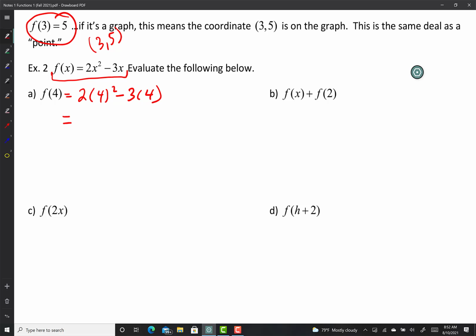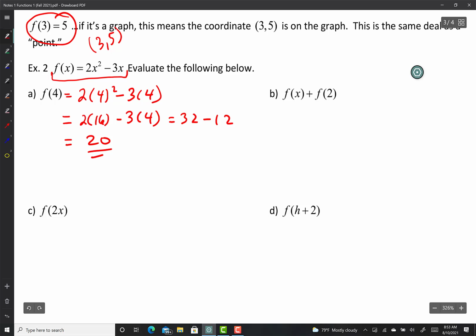Let's see, without a calculator, can we do this? 4 squared is 16, so I guess we'll do this first. And then 2 times 16 is 32, and then I'm going to subtract 12, 32 minus 12 is 20. So if I didn't make any mistakes, it looks like the answer is 20. How do we feel, guys?